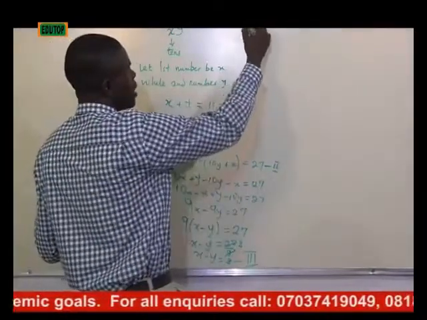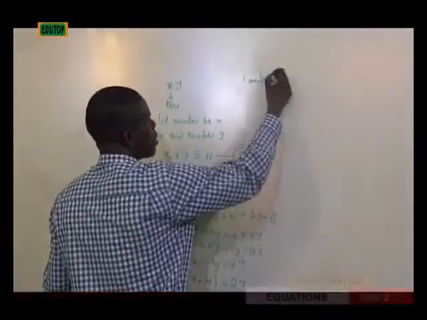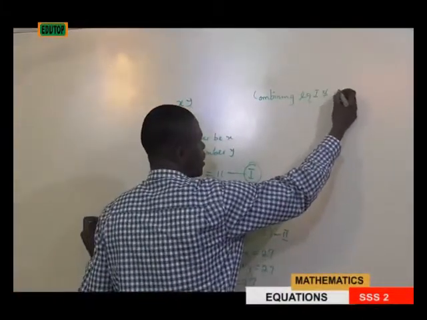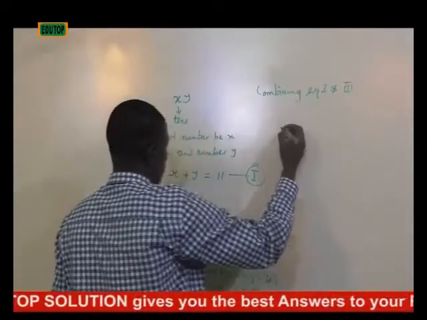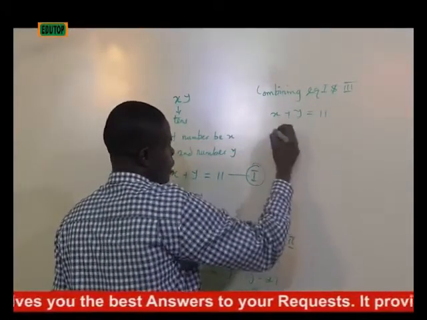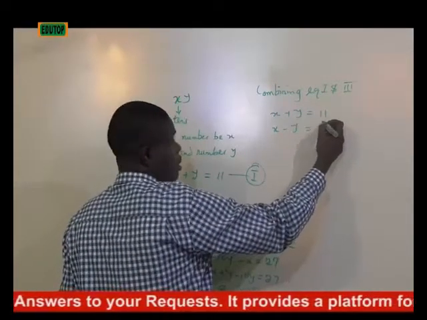So now combining equations 1 and 3, we have x plus y equals 11, then x minus y equals 3.